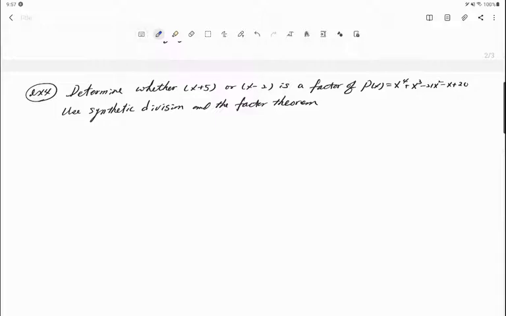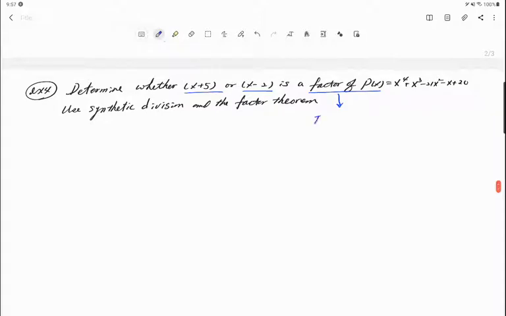Use synthetic division and the factor theorem to determine whether x plus 5 or x minus 2 is a factor of the polynomial. If it is a factor of the polynomial, then the remainder has to be 0.